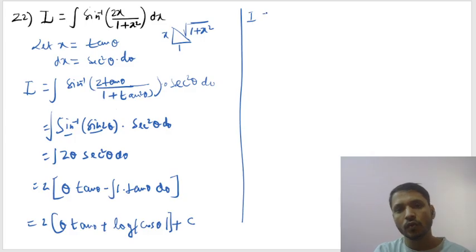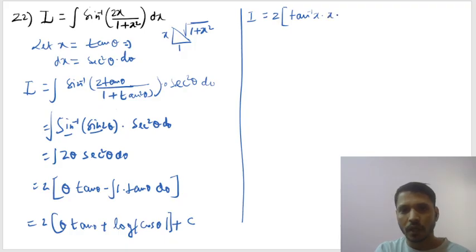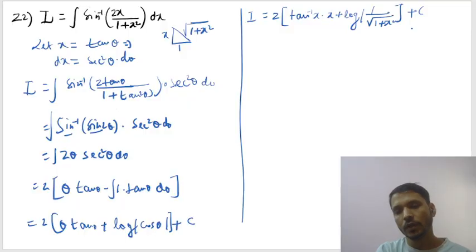I is equal to 2, as it is, and in place of theta we can write tan inverse x, because theta is equal to tan inverse x, and tan theta is equal to x. So x into tan inverse x, plus log of 1 upon under root of 1 plus x square, plus c, right?